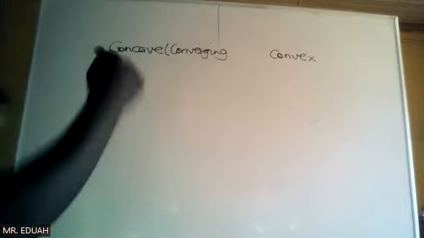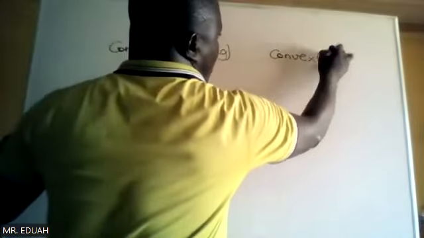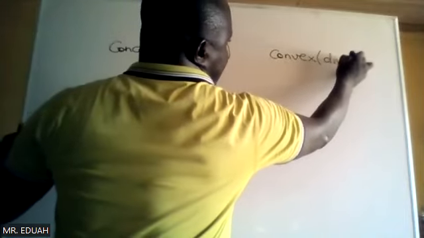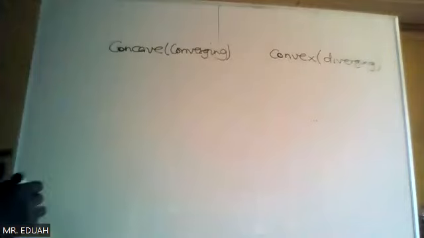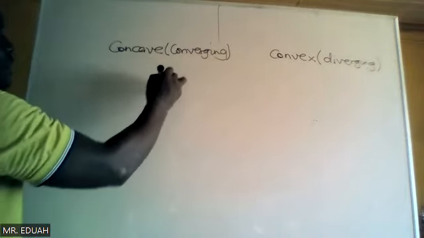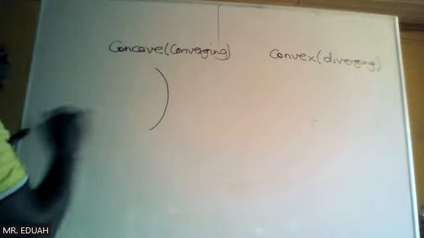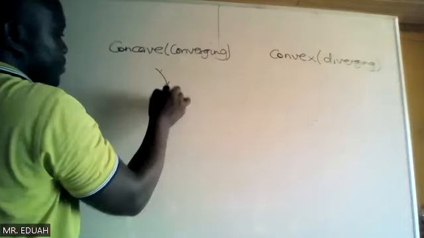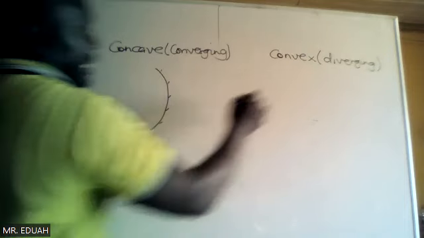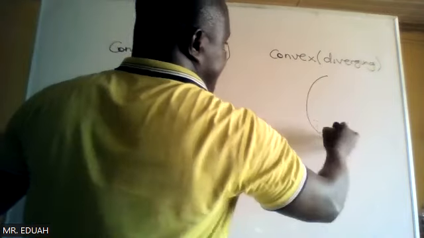This mirror converges rays. And convex or diverging? Convex mirror, concave mirror curves, the reflecting surface curves inwardly. And then for convex, the reflecting surface curves outwardly.